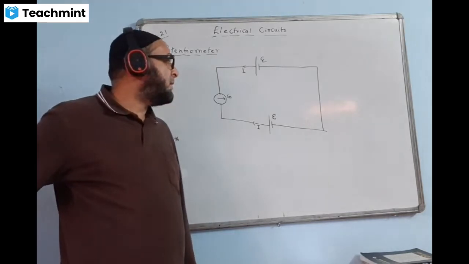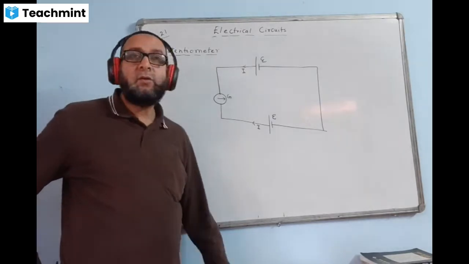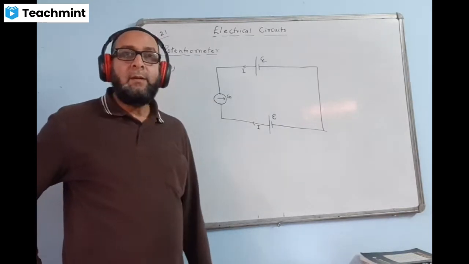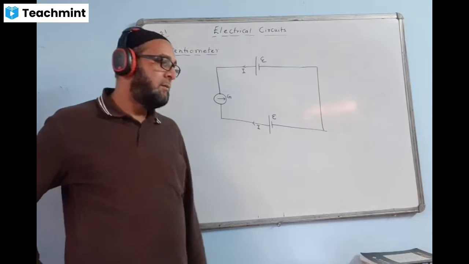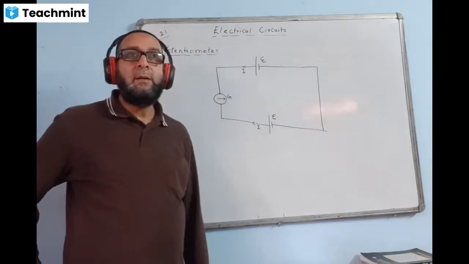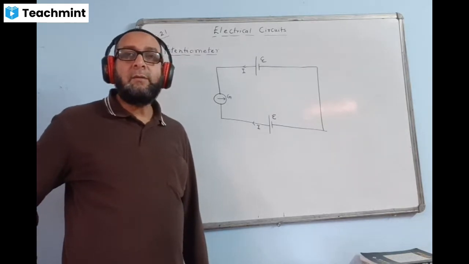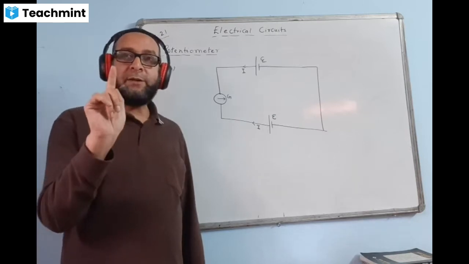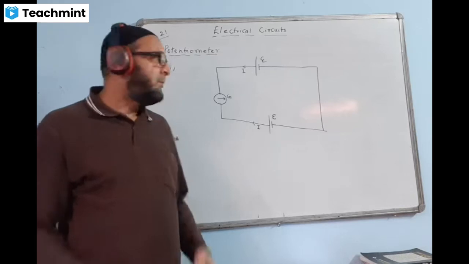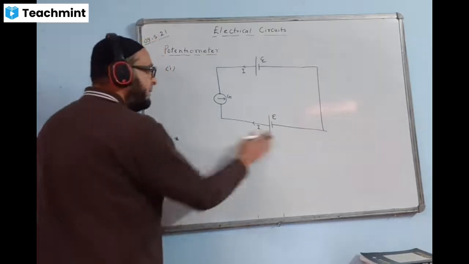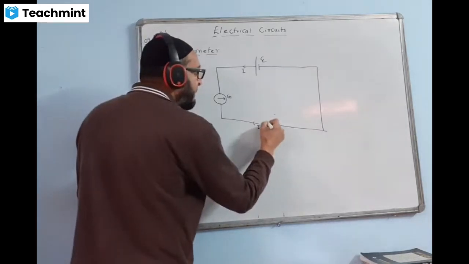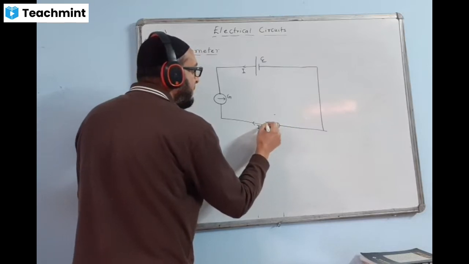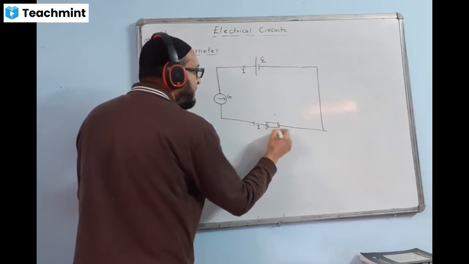The first principle is used to check the EMF of a cell with the help of a standard cell. Giving an example, suppose we are buying a dry cell, maybe a Nippo cell, a pencil battery. This side is positive, this side is negative.